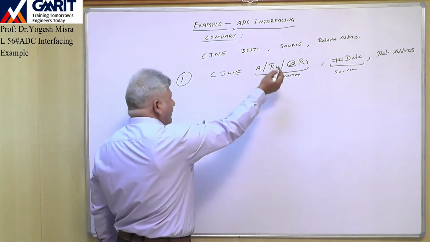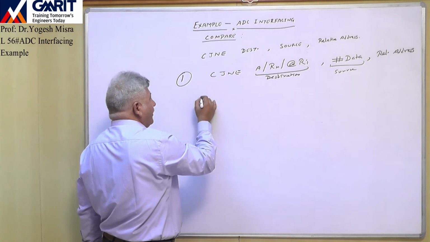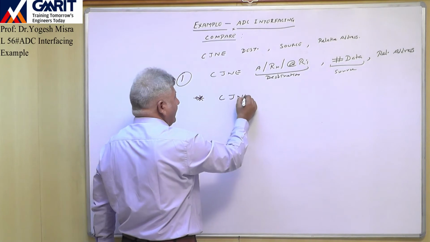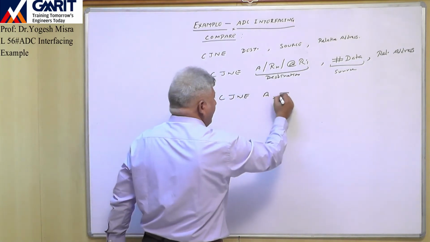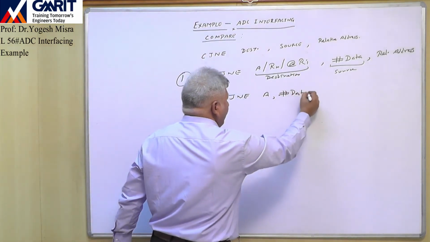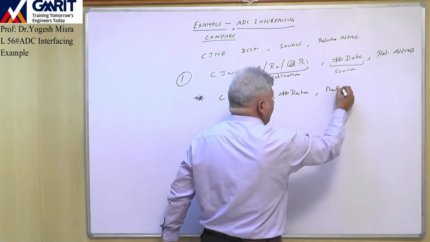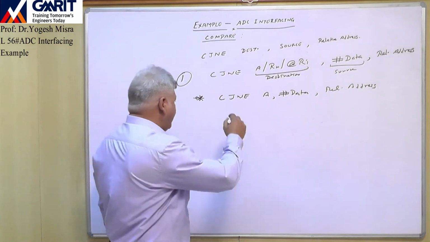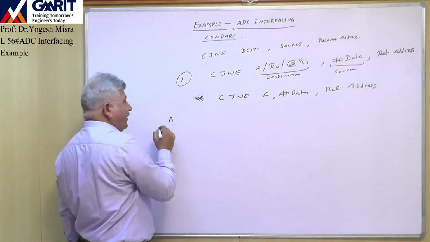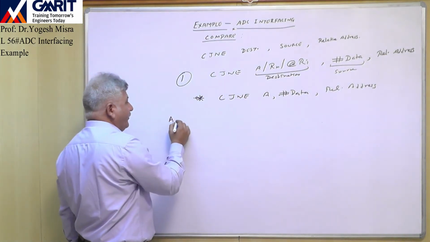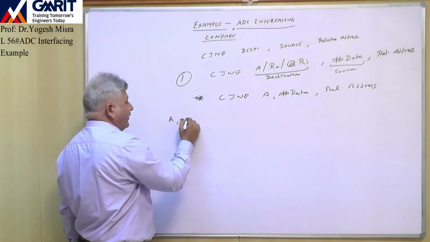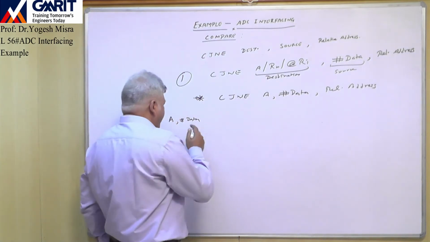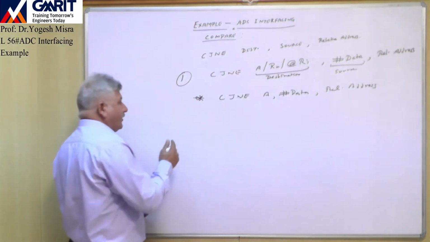So basically there are three formats of this instruction. The formats are like this. First, CJNE A, comma, #data, comma, relative address. In this case A will be compared with immediate data. For example, we will see one example.